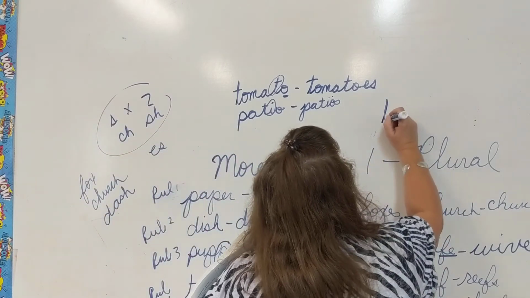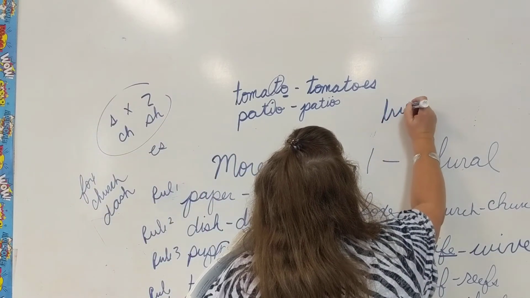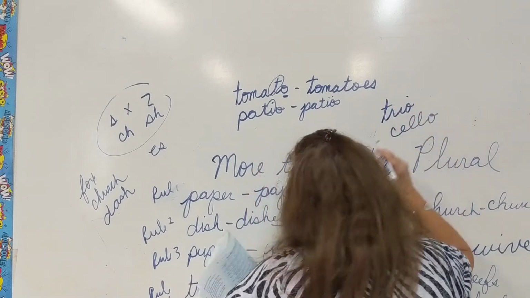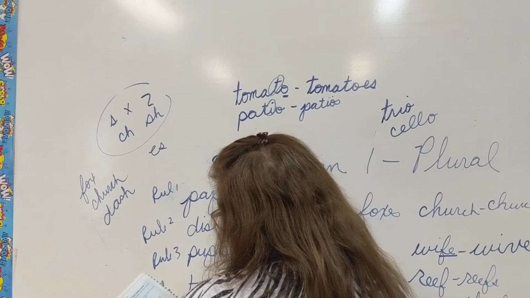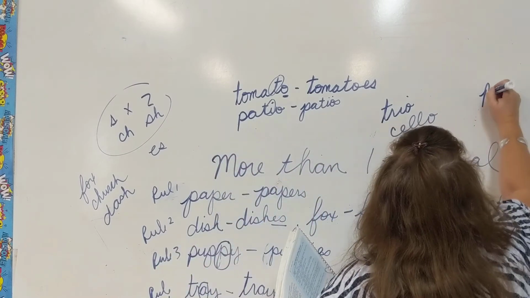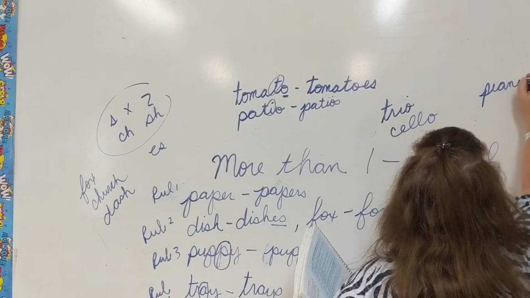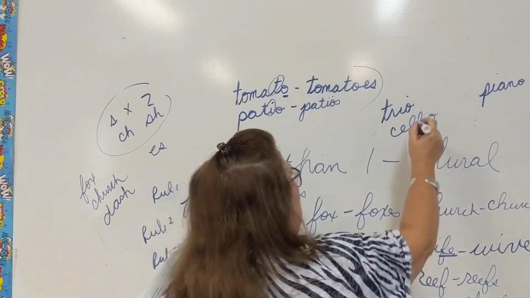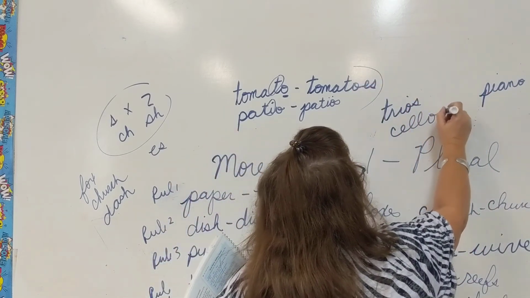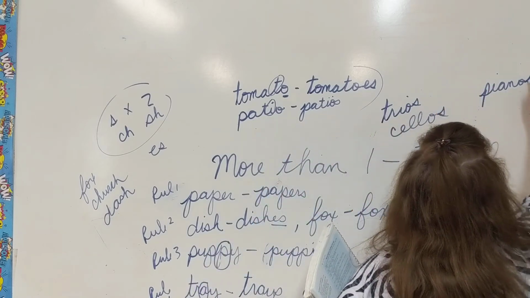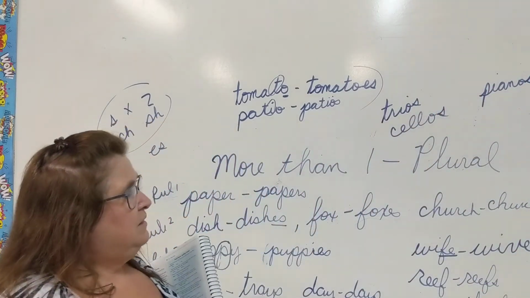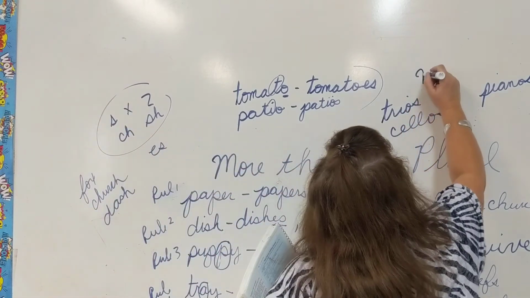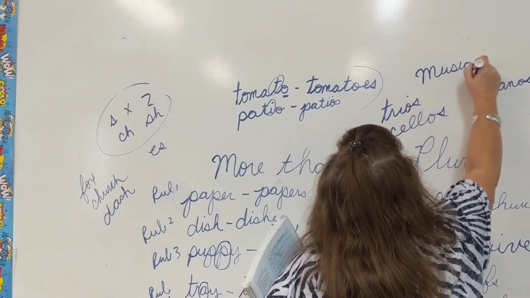Any of these words, if they are a musical word, trio, cello, piano, these O rules do not apply at all. Any musical word just ends with S. We don't have to change anything. We don't do ES. If it's a musical word, it just ends with S.